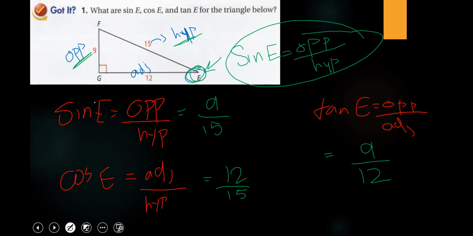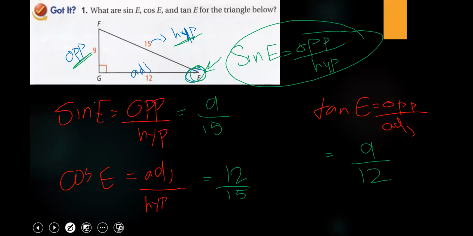I have a question. Yes, Huda. Here in G there is the right angle. So why do we start from E, not from G? Why are you taking the opposite and the adjacent from E?